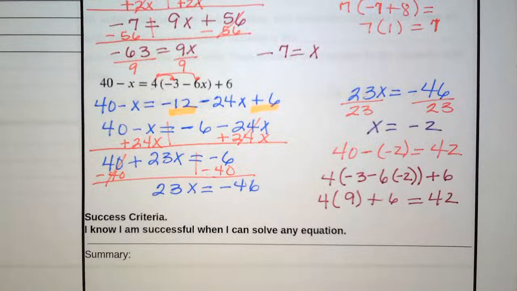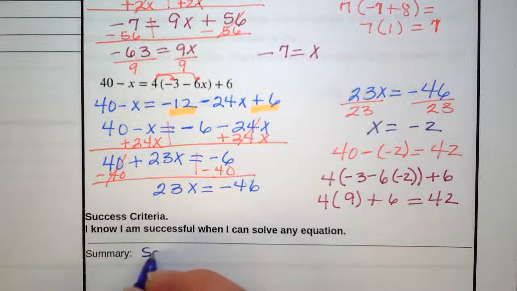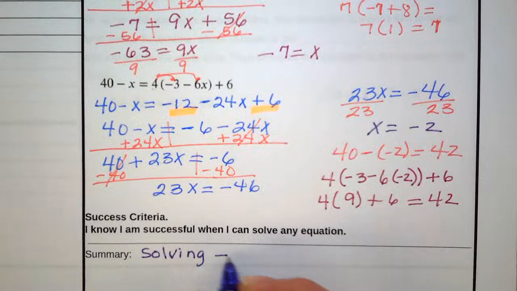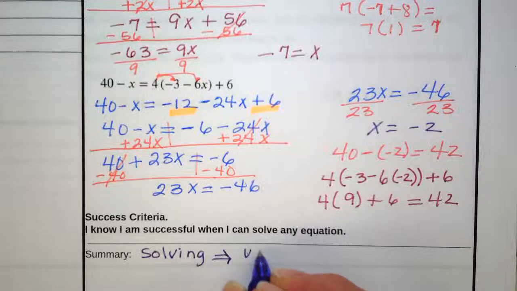So take a minute and look at this before you write your summary. Do you have any questions? Can you back the video up and watch it again if you do? How do you know when you're successful? You know you're successful when you can solve any equations. So this is solving variables on both sides.